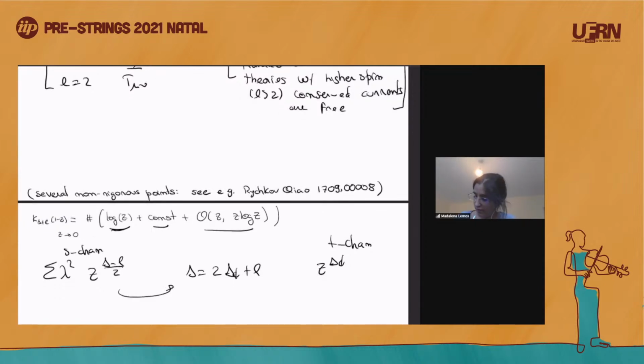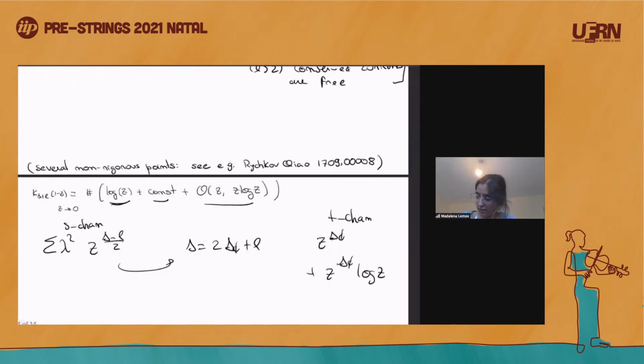And now I find that I have this, and then plus also terms that are Z to the delta phi log Z. So this is telling me that here I will have some anomalous dimension. So I'll have the dimension being 2 delta phi plus some small gamma, where this is an anomalous dimension. Well, I'm calling it an anomalous dimension. It's a deviation from the exact double twist value.